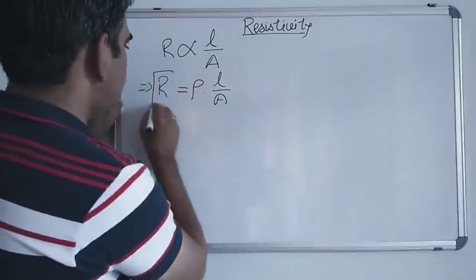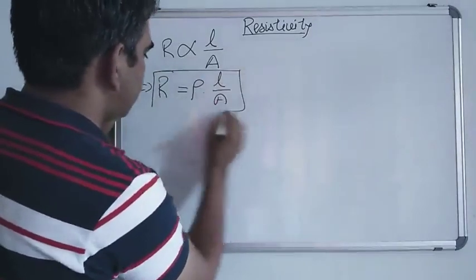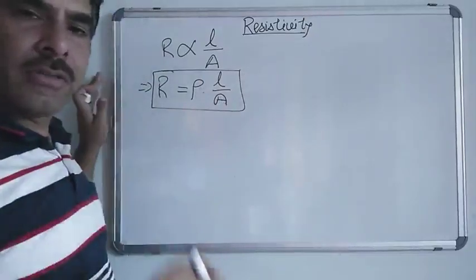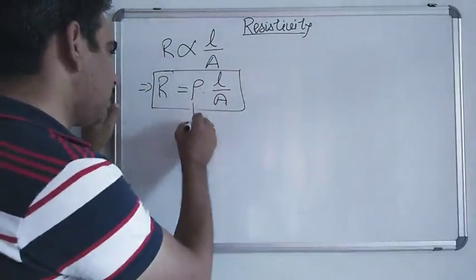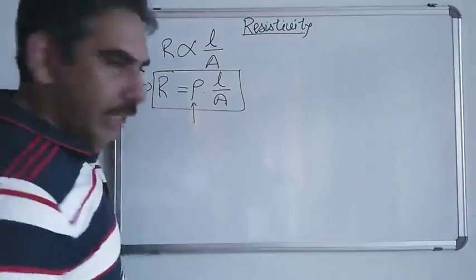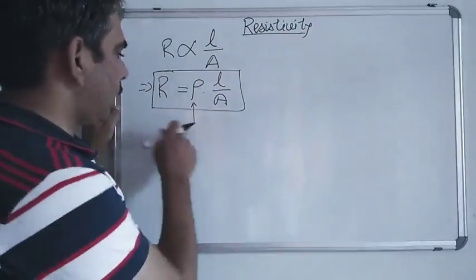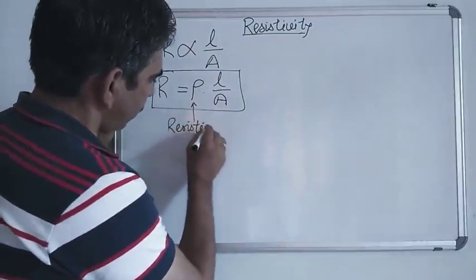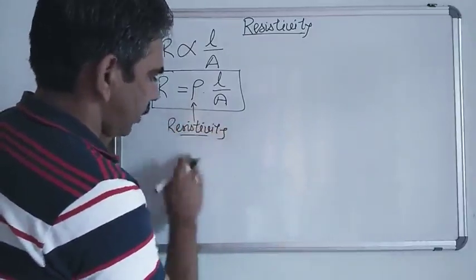So this is the expression for the resistance of any conductor of any dimensions, whereas this rho is a constant of proportionality, and here we call it the resistivity of the conductor.